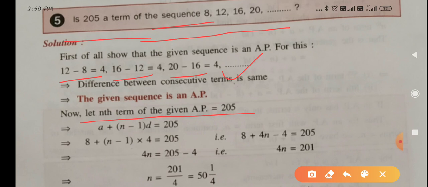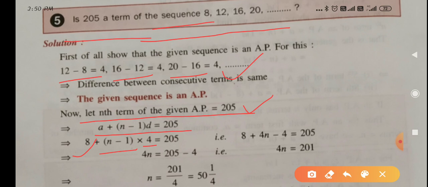After showing this, you can suppose the given number is the nth term of the AP. If it is the nth term, then a plus n minus 1 into d equals 205, because the nth term is a plus n minus 1 into d. Now you can put the value of a as 8, n minus 1 the same, and d as 4, because the common difference is 4.